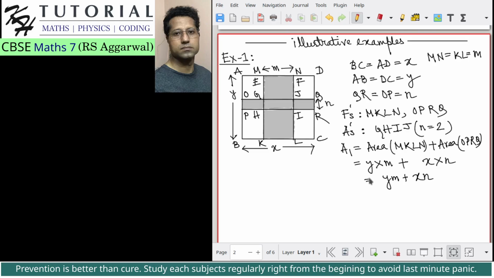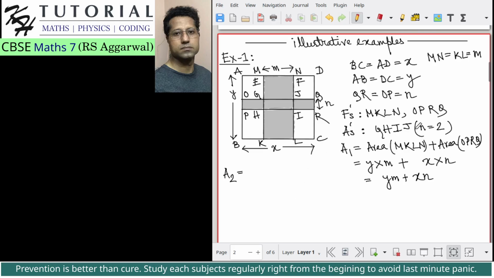Now, since we have overlapping sub areas or regions, which is the rectangle GHIJ, I have to find A2. What is A2? A2 is the sum of the area of each sub-region multiplied by n minus 1.